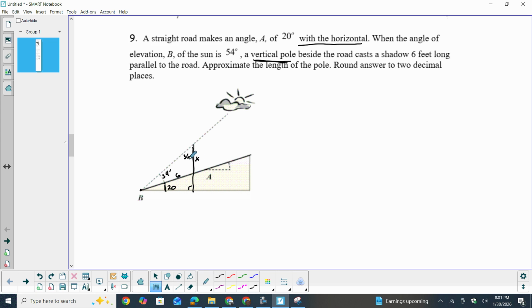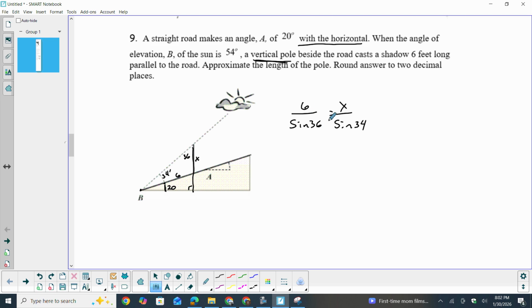Okay, if this is 36 and this is 6 and this is 34, it's a simple 6 over the sine of 36 equals x over the sine of 34. Just a straightforward law of sines: sine of the angle over the side opposite equals the sine of the angle over the side opposite, or vice versa.